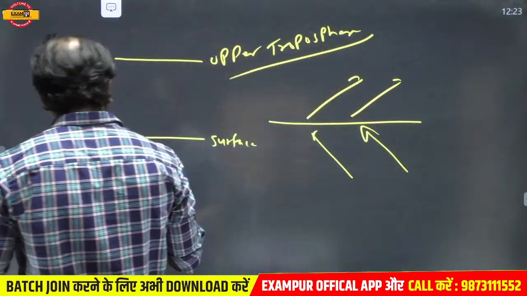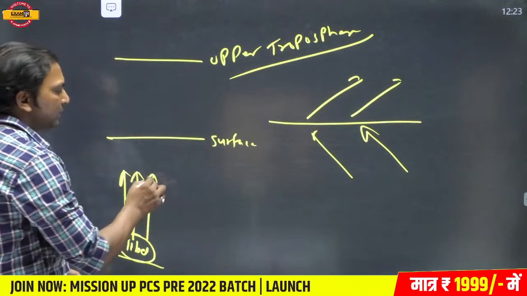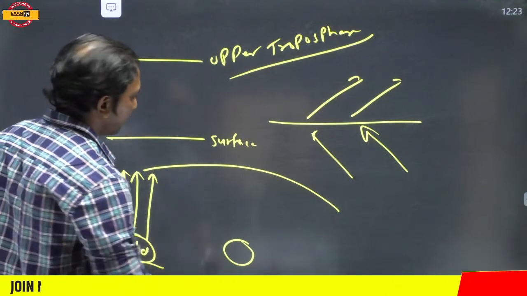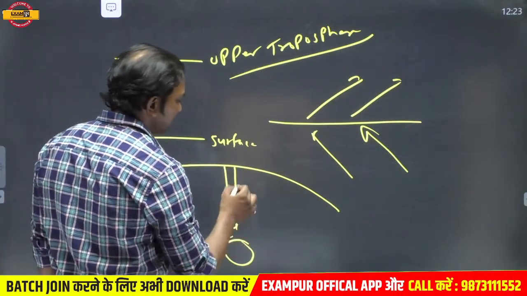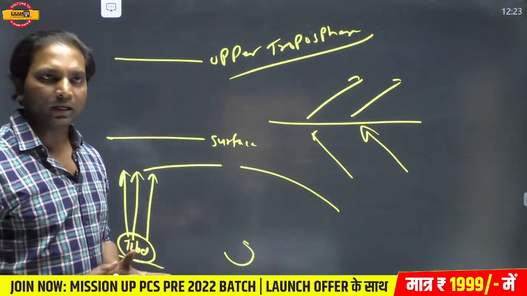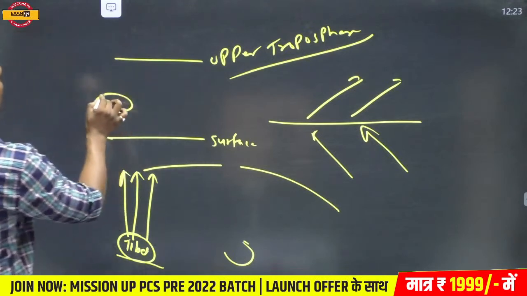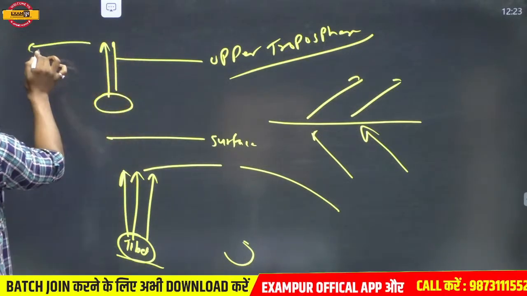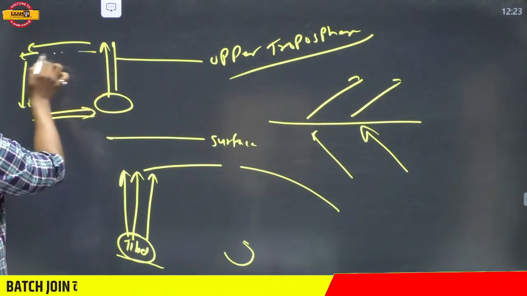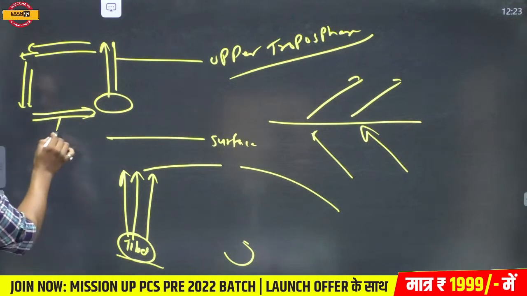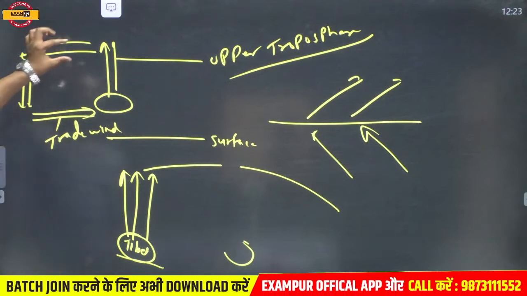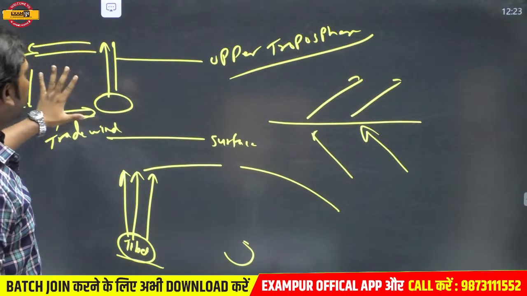And you see the Hadley cell, in which in a normal season the air subsides in between the equatorial region and the subtropical region like this. Now you see, here it is the trade winds, and here it is the anti-trade winds or an upper tropospheric current in a normal condition.